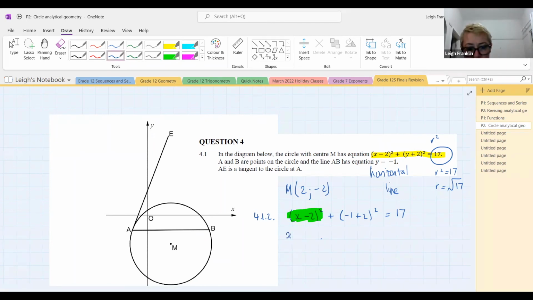So this gives us x squared minus 4x plus 4 plus 1 squared, which would be 1, minus 17 is equal to 0. So this would give us x squared minus 4x, and 4 plus 1 minus 17 is going to leave us with negative 12.